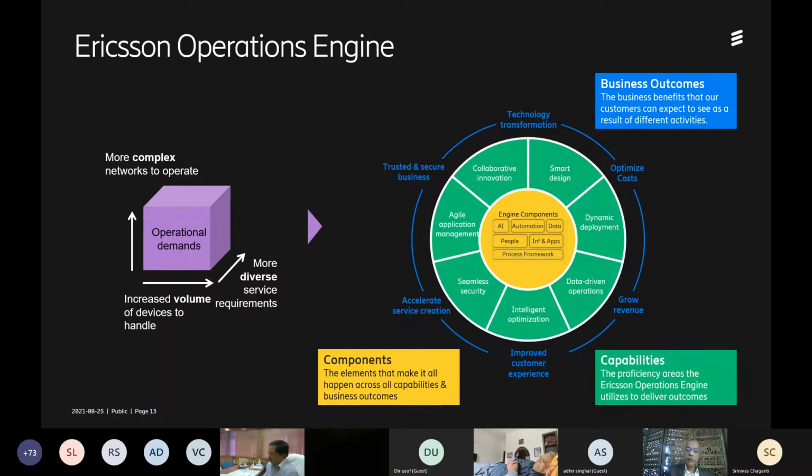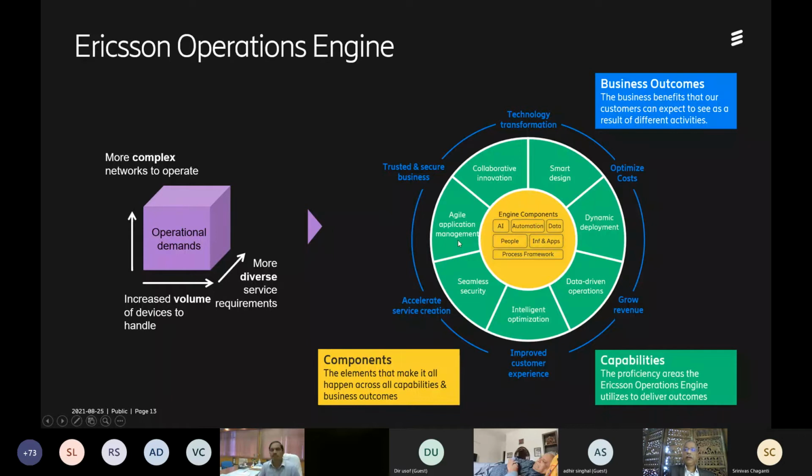So you can see the outermost circle here, are the considerations or the business outcomes that operators have. It could be transforming technology, 4G to 5G, physical to virtual, and cloud native and such. Optimization of costs, capital costs, operational costs, new revenue streams, improving customer experience, agility, and faster service creation.